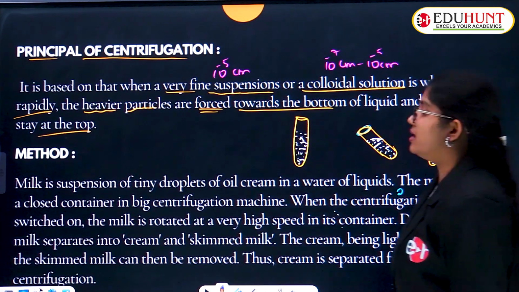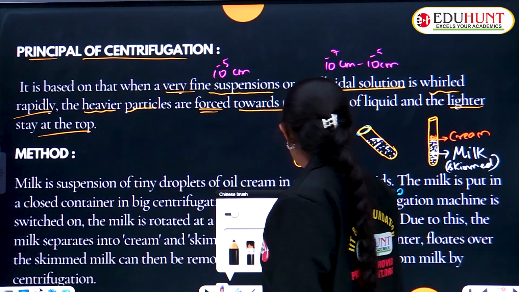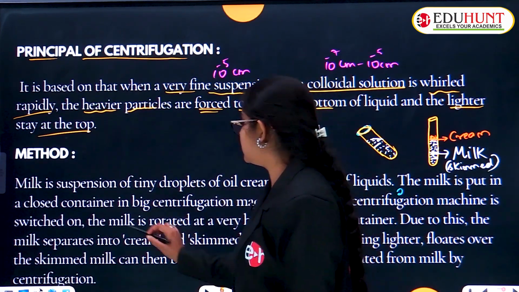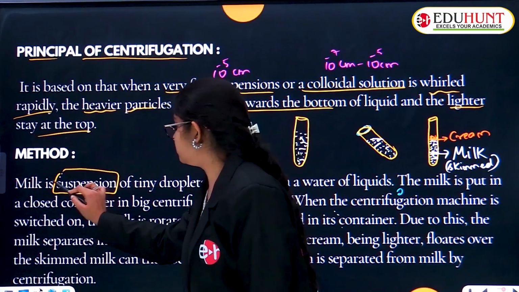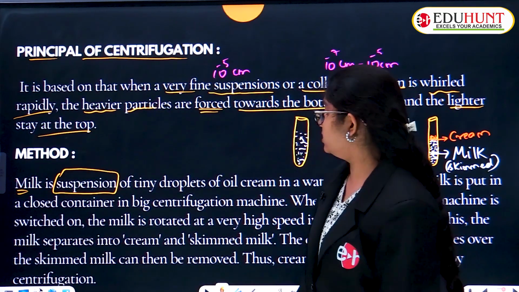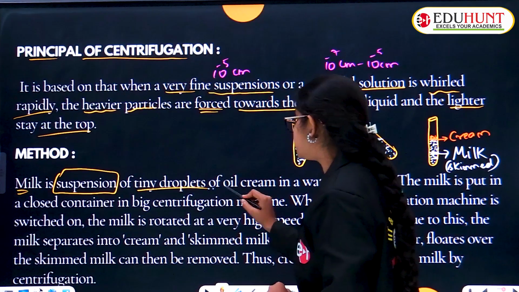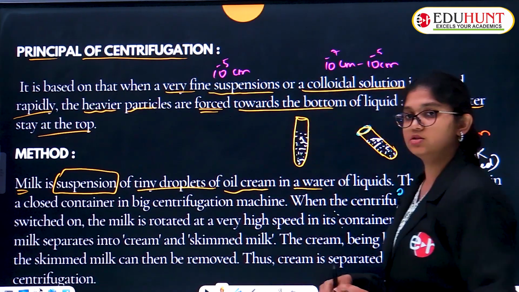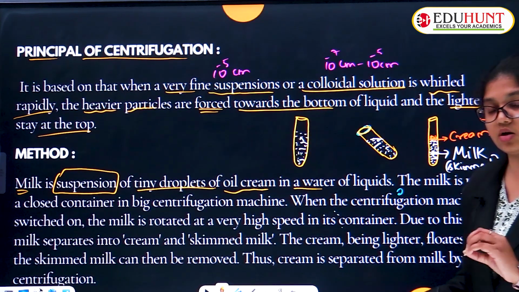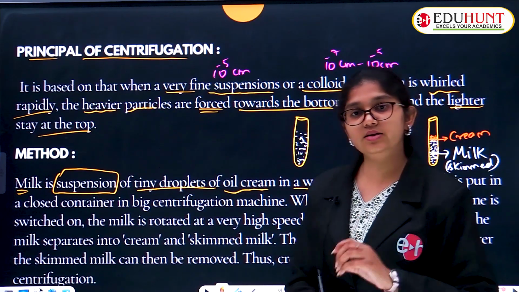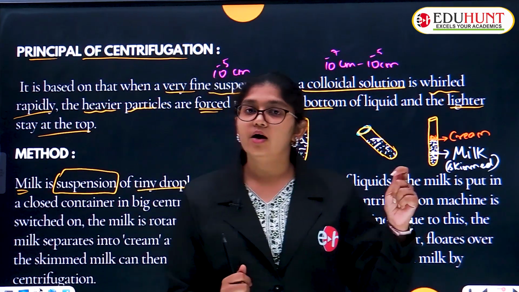So milk is a suspension. We know it already. Milk is a suspension of tiny droplets of oil cream in water. So there is a presence of oil cream with water. Did you ever observe, children, in the morning when mummy opens the milk packet?